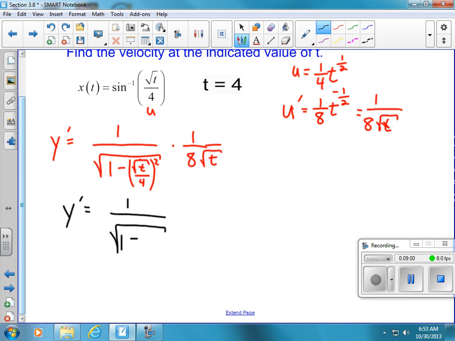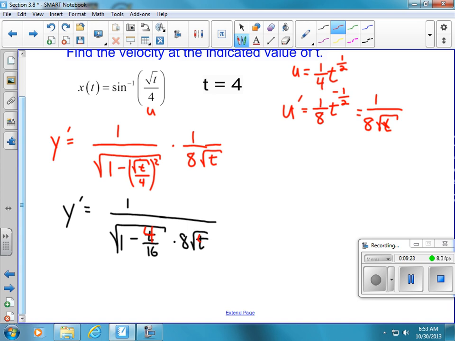1 minus square root of t squared is just t over 16. And we have times 8 and the square root of t. So what we really want to do is plug in a 4, right? And figure out the value at 4. So let's do it.